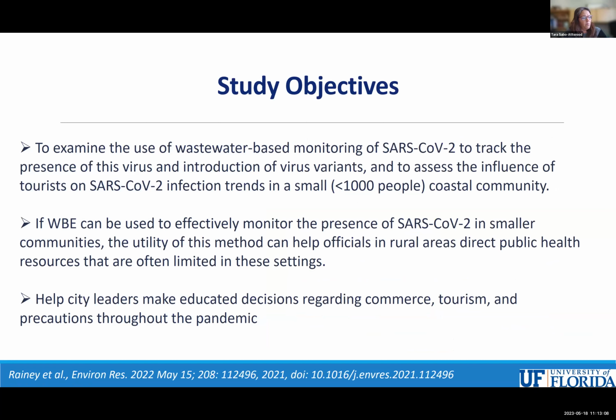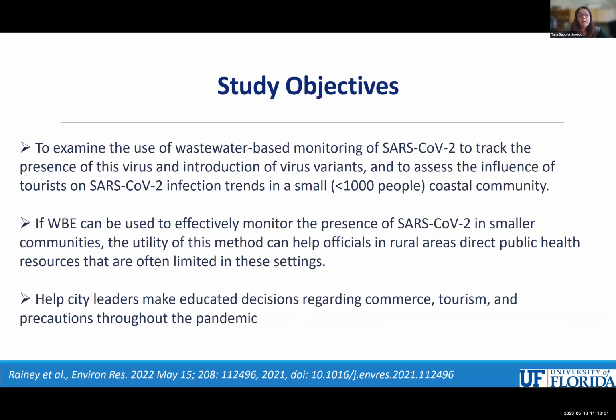So we really had a lot of community support for this study, and the objectives were as follows. We wanted to examine the use of wastewater-based monitoring for SARS to track the presence of the virus, introduction of virus variants, and to assess the influence of tourists on infection trends in this coastal community.